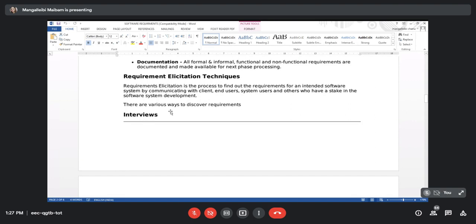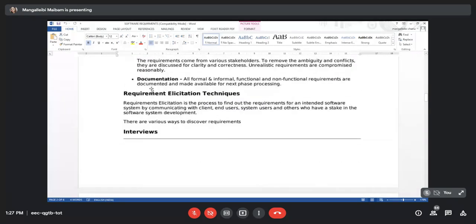Elicitation is like selecting only the relevant requirements, or discovering only the relevant requirements. So requirement elicitation is the process to find out requirements for an intended software system by communicating with the client and users, system users, and others who have a stake in the software system development.